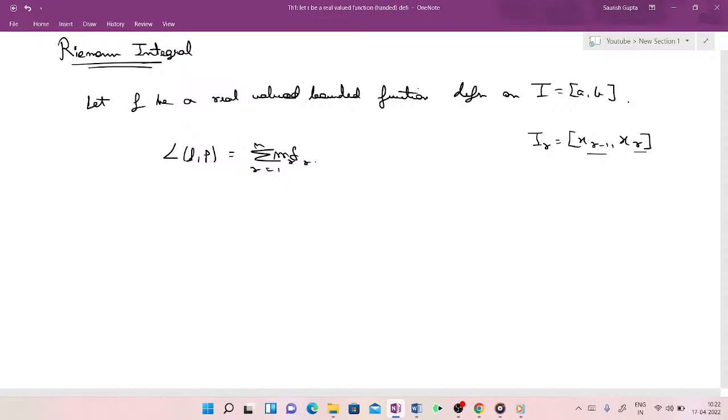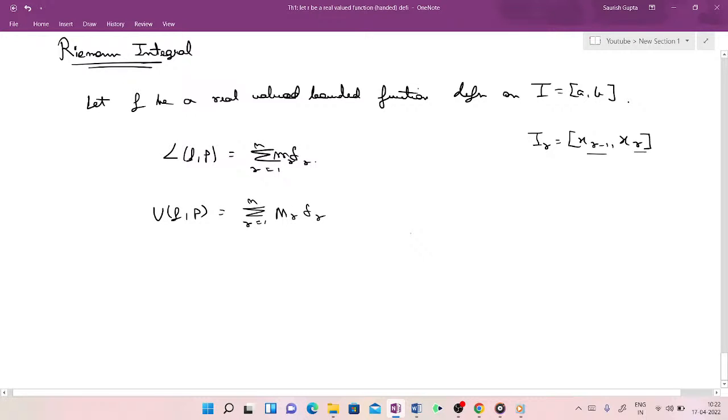Further, what was UFP? In a similar way, we have defined UFP as the summation r equals to 1 to n, capital M_r delta_r. Capital M_r was the LUB of the interval I_r. Clear? This we already know. And then we have already studied the theorem related to lower Riemann sum and upper Riemann sum, right?